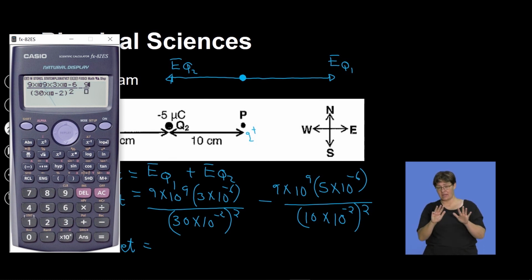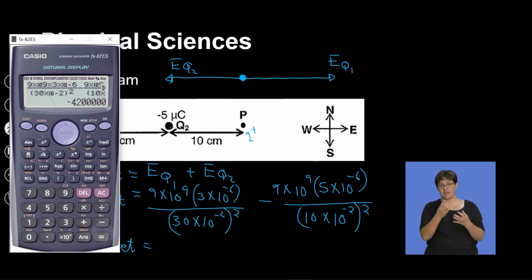So 9 exponent 9, that's the k value, multiplied by the 5 times 10 exponent negative 6. We divide that by the distance, which is 10 multiplied by 10 exponent negative 2, where we're changing from centimeters to meters. Do not forget to square the distance.